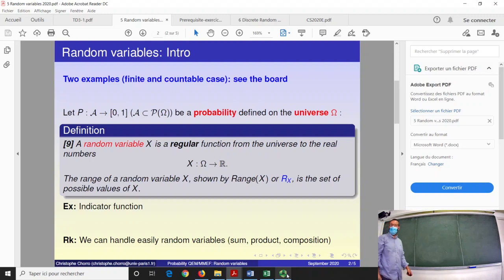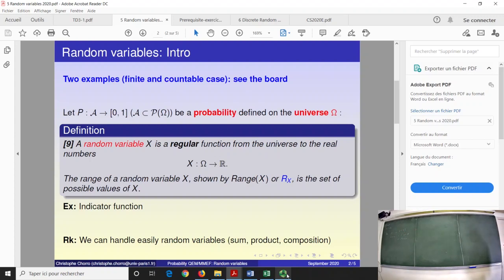The indicator function of A was a mapping from omega into {0, 1} such that it associates to any element omega, 1 if omega belongs to A, and 0 otherwise. From my previous definition, I have here a random variable, a very basic one, taking only 2 possible values.